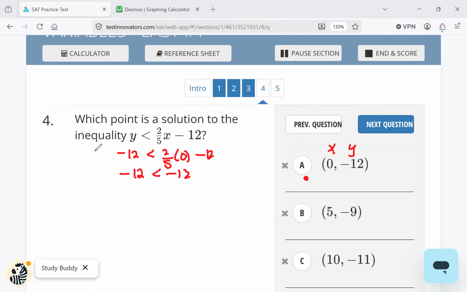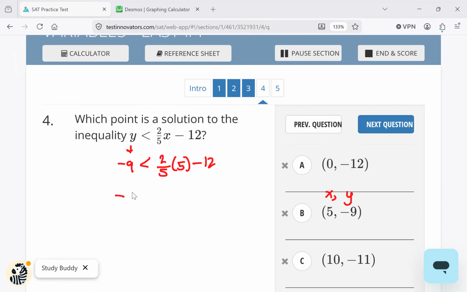What about 5, 9? Let's see. Here's your X, here's your Y. So it's -9. Let's see, this is going to be cancel those two. Four.